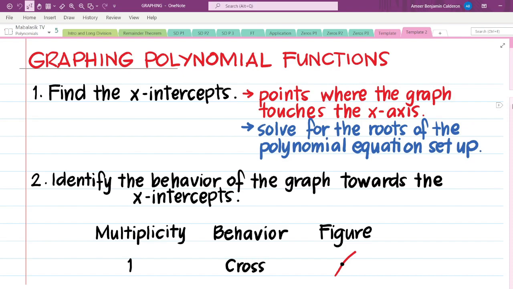How do we find x-intercepts? We have to solve for the roots or zeros of the polynomial equation. So we are going to be given a polynomial function, we set up a polynomial equation, let y be equal to 0, and solve for its roots.